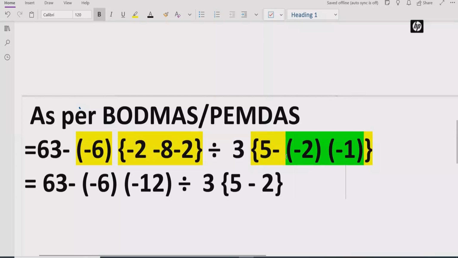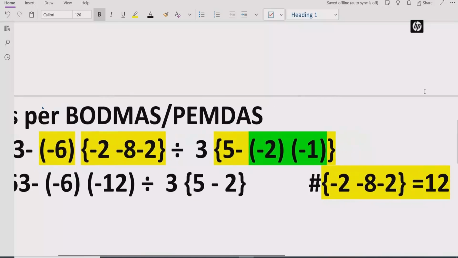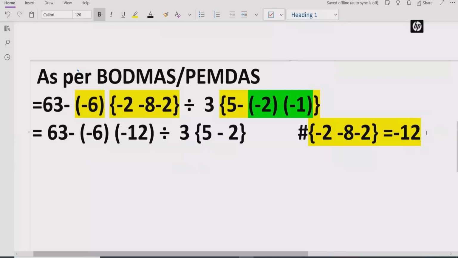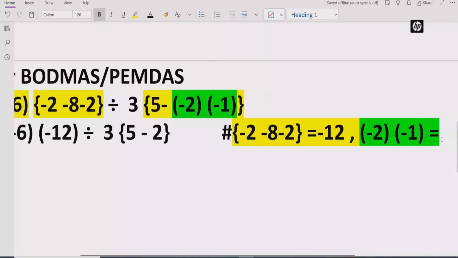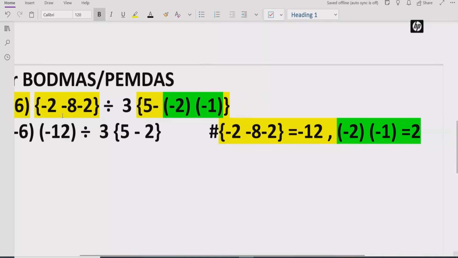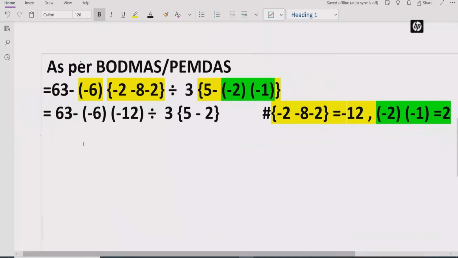Here we will give the reference: the first one equals -12, sorry, here we will write -12, not 12. And the other one is -2 and -2, which equals 2. And now we will go to the next round.